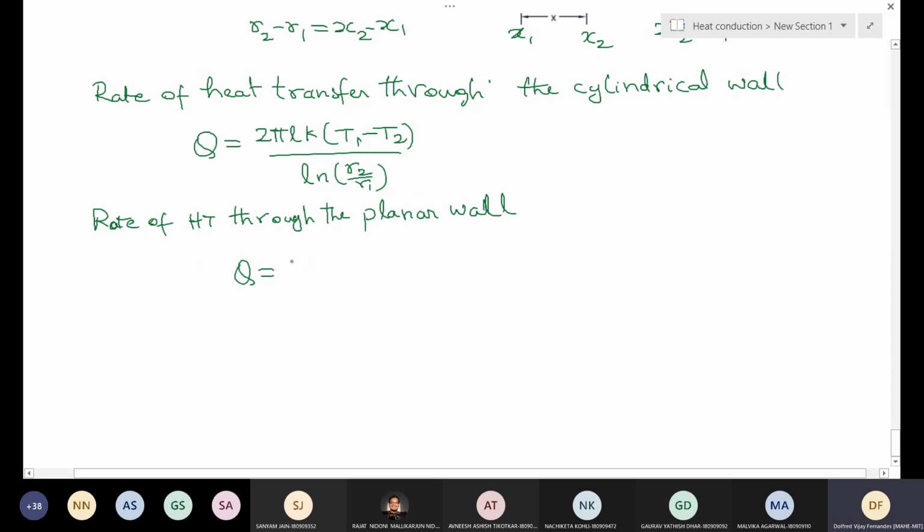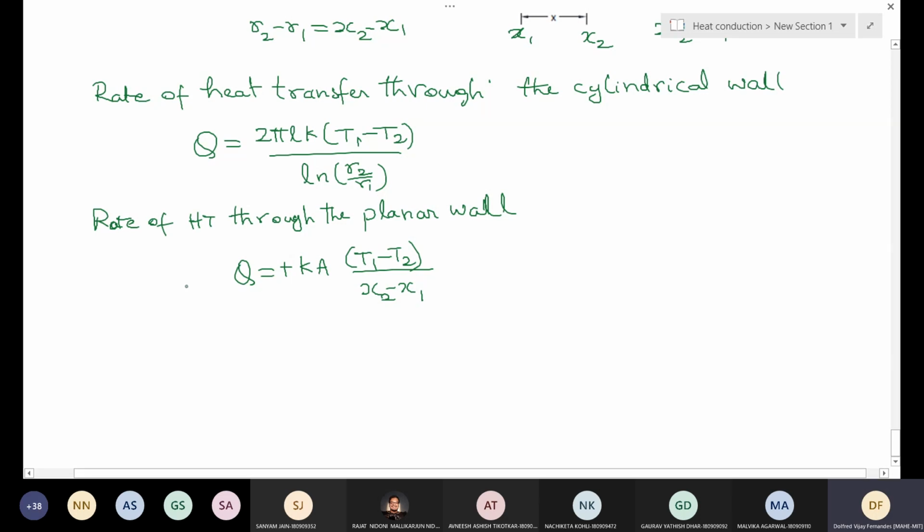Q equal to minus kA into T1 minus T2 divided by x2 minus x1. I have taken the minus sign inside here, so it should be plus T1 minus T2 divided by x2 minus x1. So be careful: if I write T2 minus T1, then I have to write the negative sign.